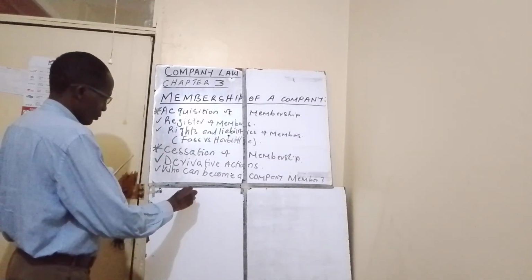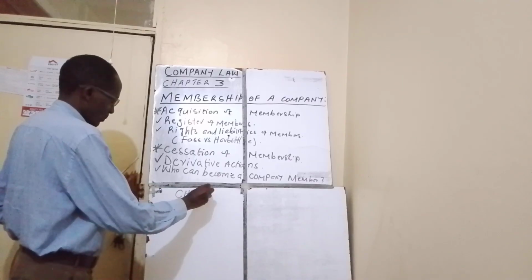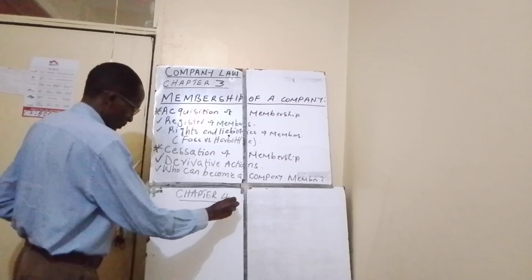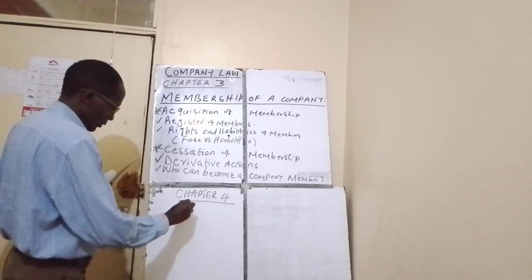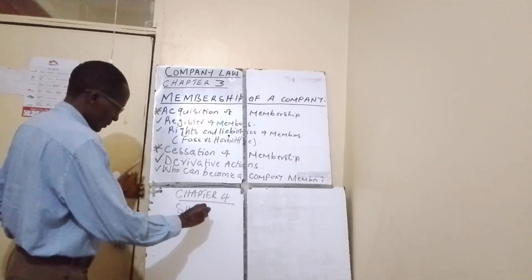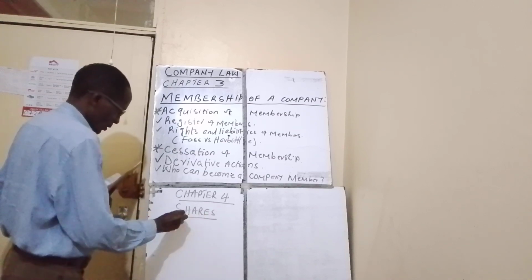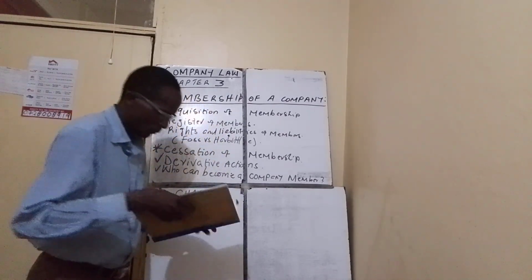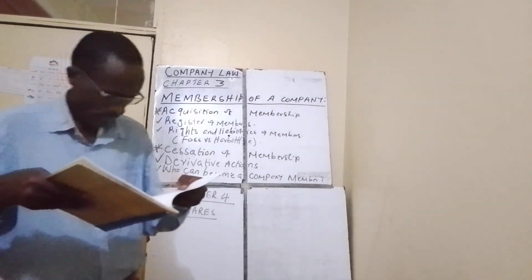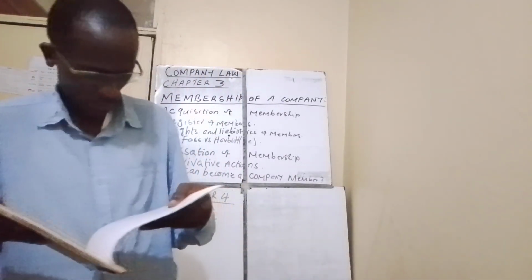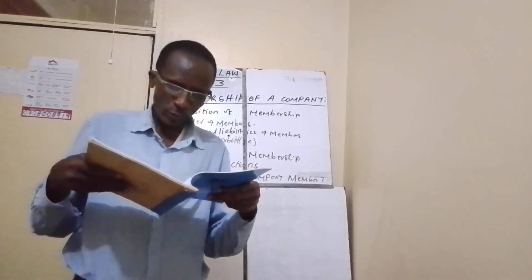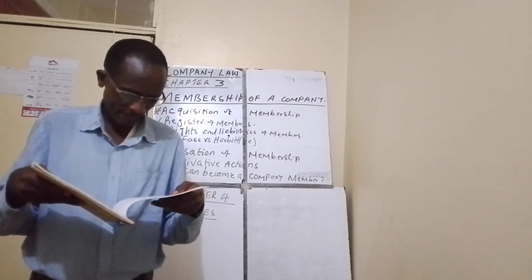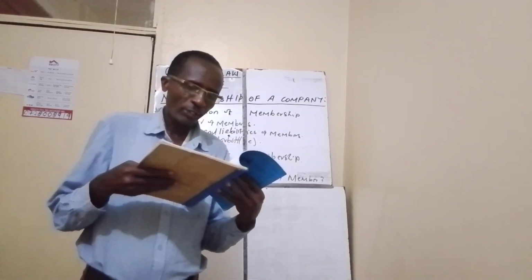So we're moving to chapter 4, and in chapter 4 you'll be dealing with shares. That will be our next class for company law. We'll be discussing classes of shares and variation of class rights.